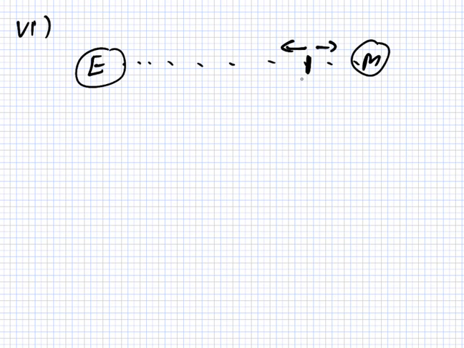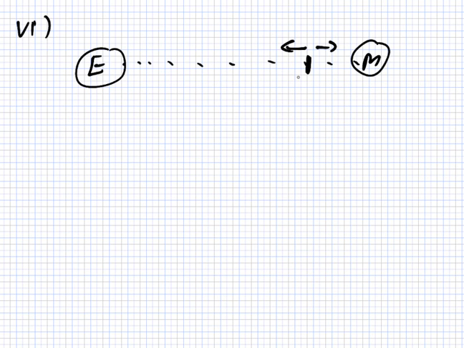Now, they want to know, here is the Earth, here is the Moon, and there's some place here where the forces from the Earth and the Moon cancel. There's two ways to do it. We can use Newton's GMm over r squared, or we can use gravitational strength.